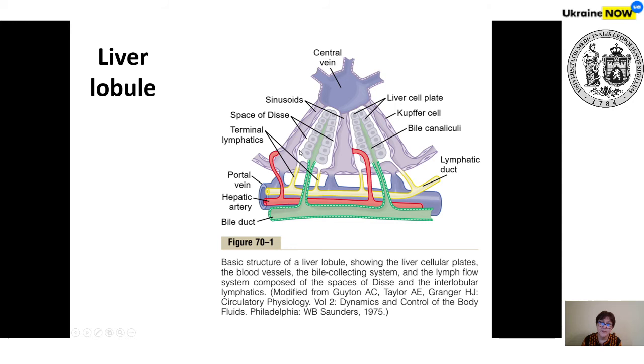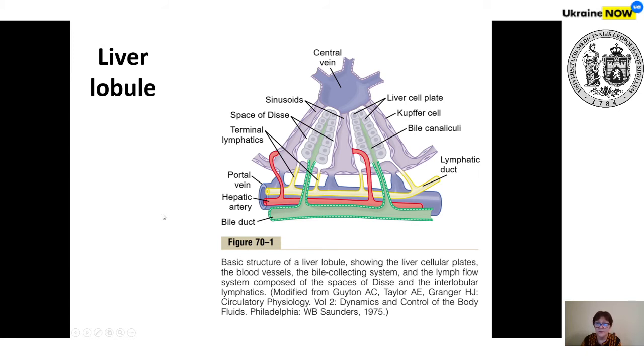There is the space of Disse, where lymph is formed, and then it flows to the lymphatic duct to return to the venous system. And between the two liver cell plates are bile canaliculi, where bile is produced and collected in the bile duct and flows into the duodenum.